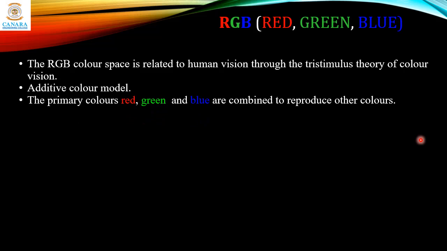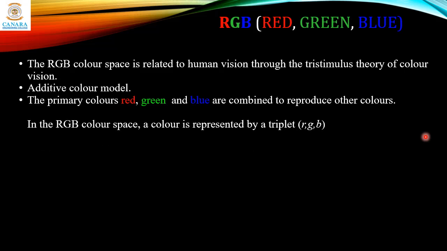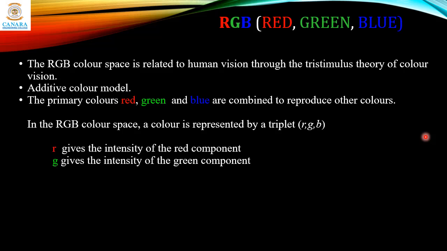In this color space, a color is represented by a triplet, RGB, where R gives the intensity of the red component, G gives the intensity of the green component, and B gives the intensity of the blue component.